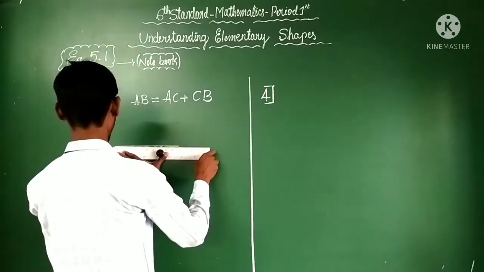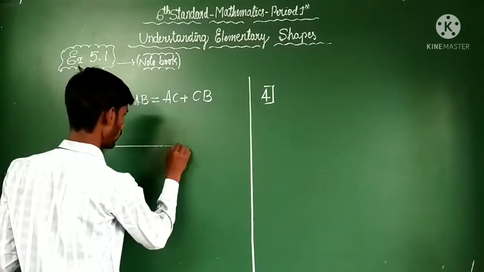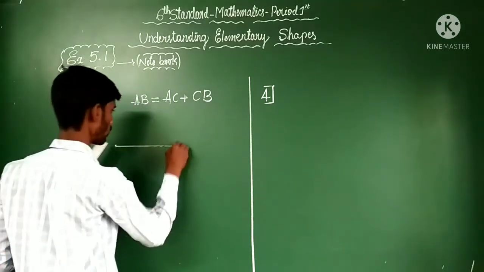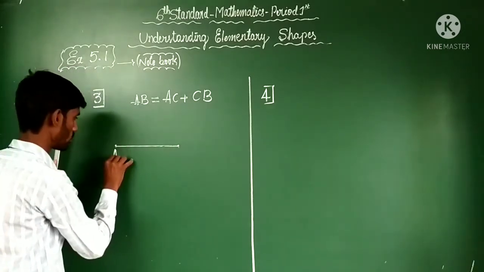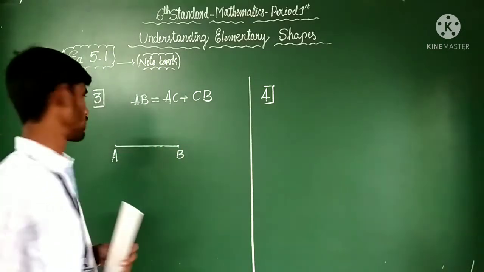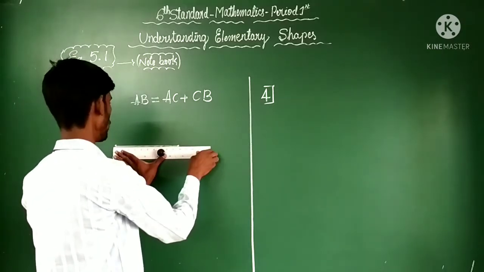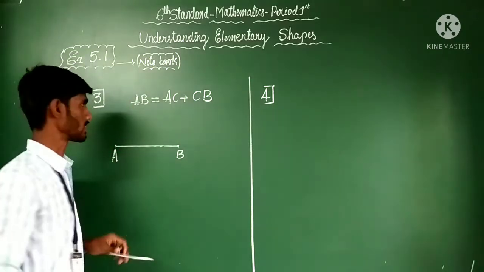Draw a 10 centimeter line segment as you wish. You may mark this as A and this as B. Okay, this is A and this is B. Total measurement is 10 centimeter.